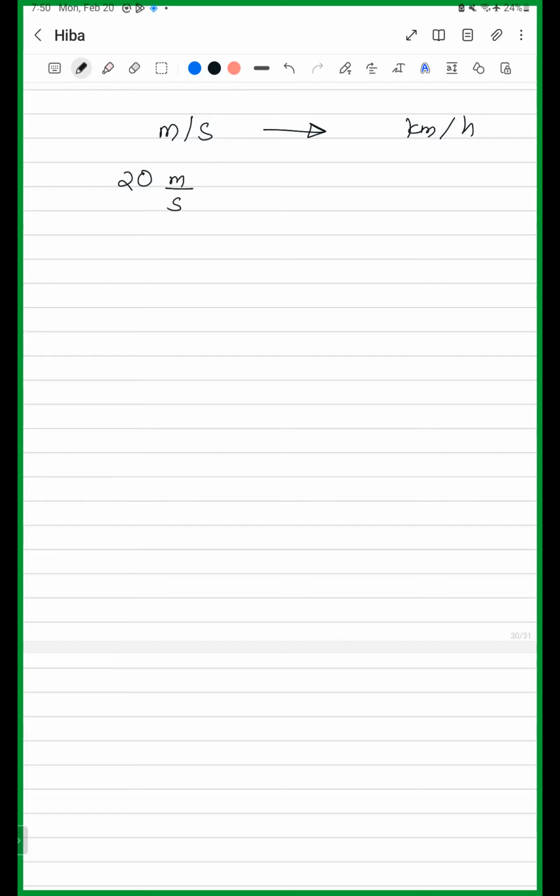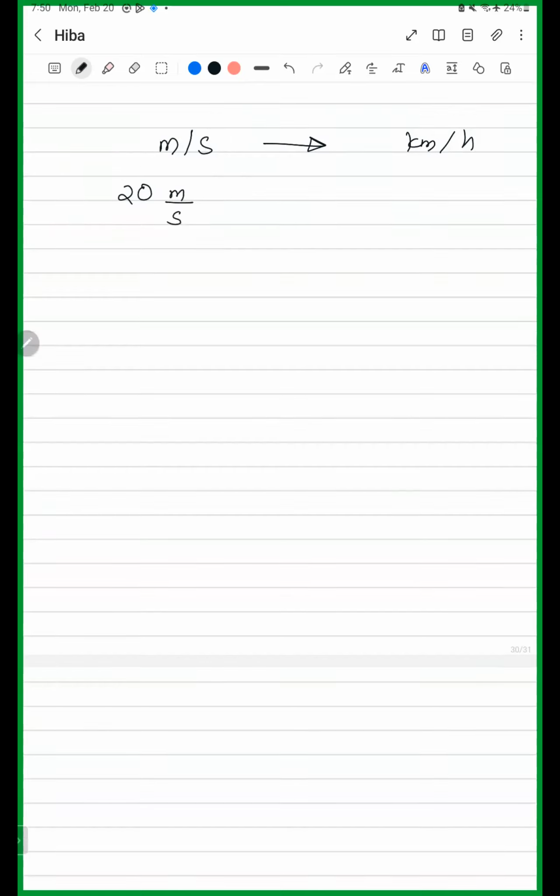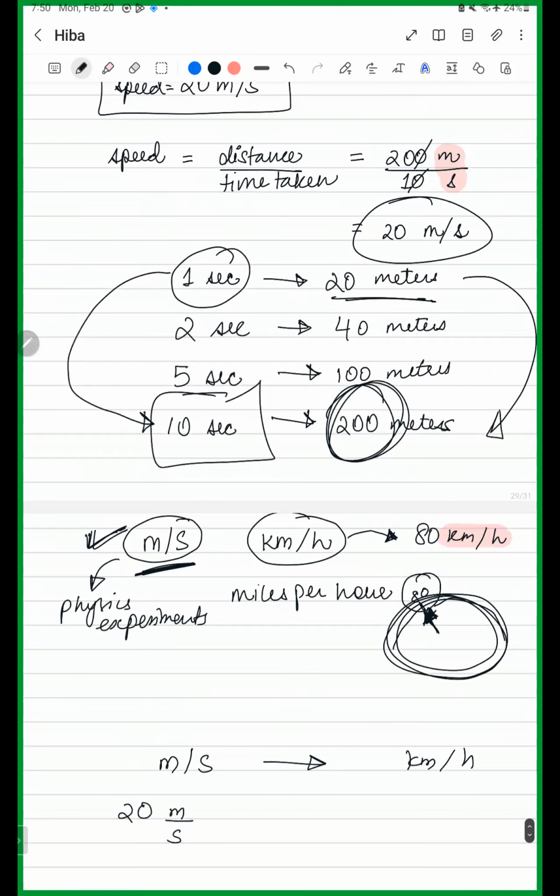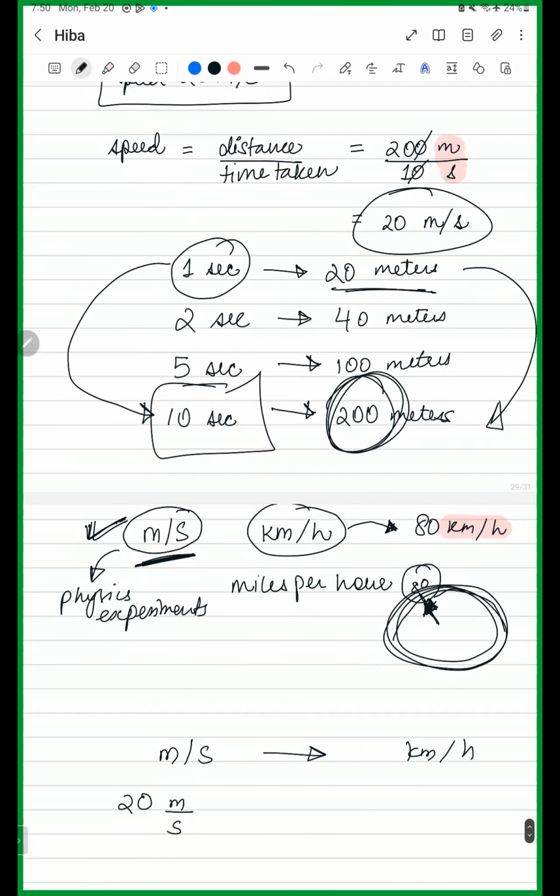Why did we put m and s here? Kids, what does meter per second mean? Look here, this second is in the denominator. Can you see it here? Second is in the denominator, that is why we write it per second.